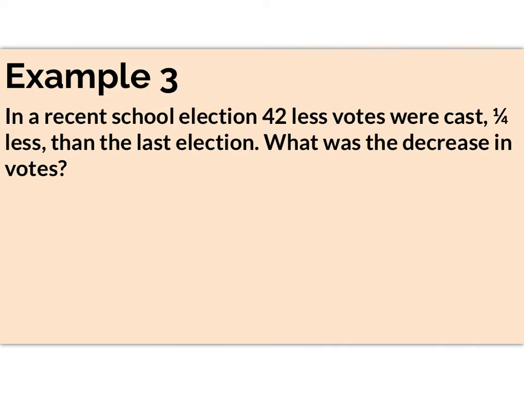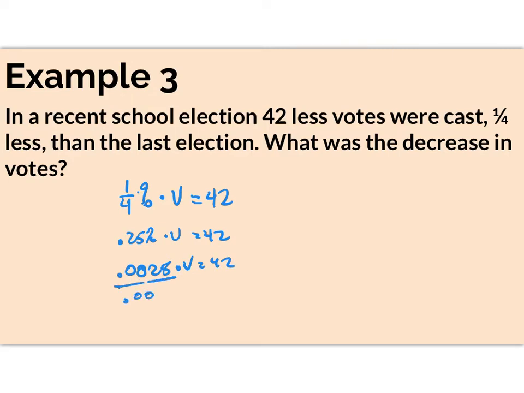Okay, so we had a quarter over there. 1/4% times the total number of votes equals 42. 1/4 equals 0.25% times votes equals 42. And to change the percent to a decimal, 0.0025 times votes equals 42. Divide by 0.0025 on both sides. Those cancel out.